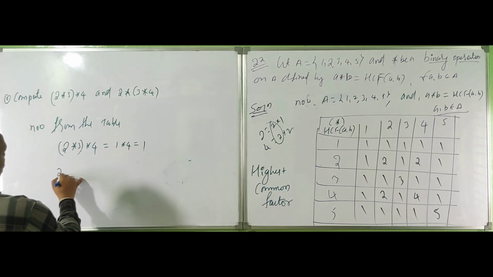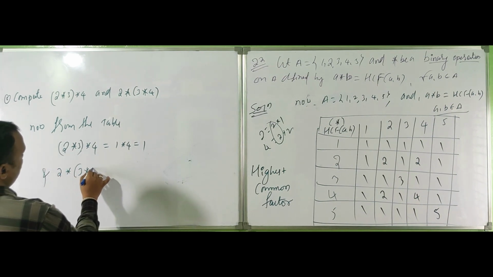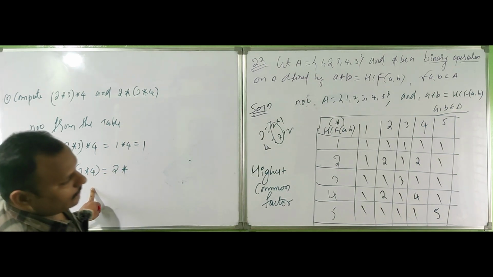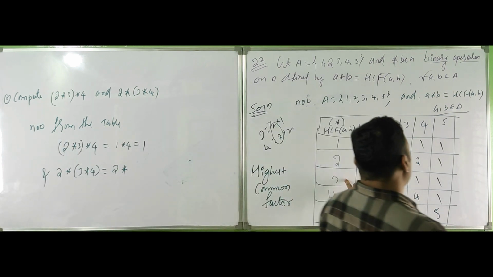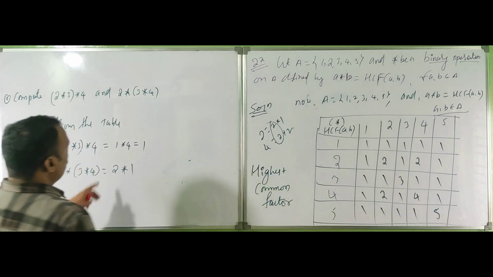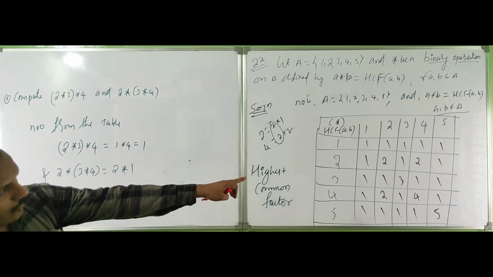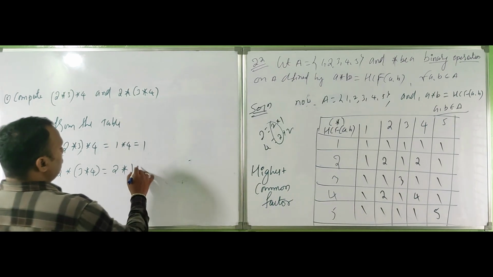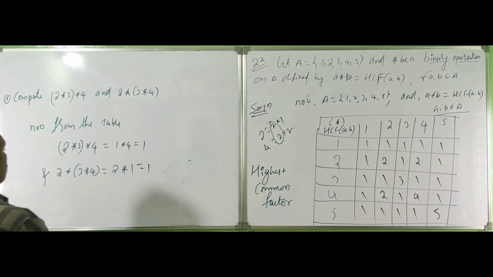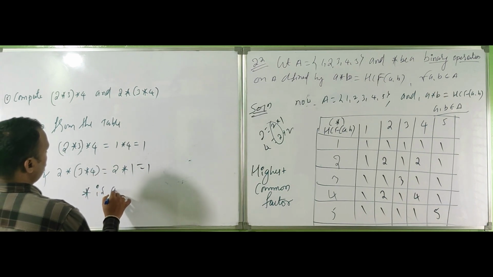Then 2 star bracket of 3 star 4: 3 star 4 is 1, and 2 star 1 is 1. Therefore both are equal, so star is associative.